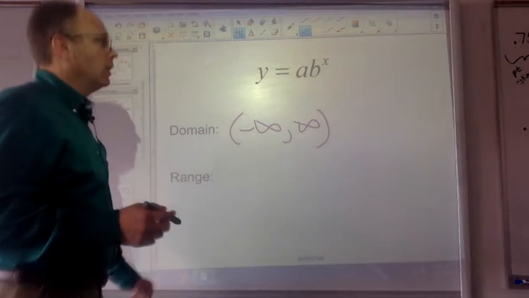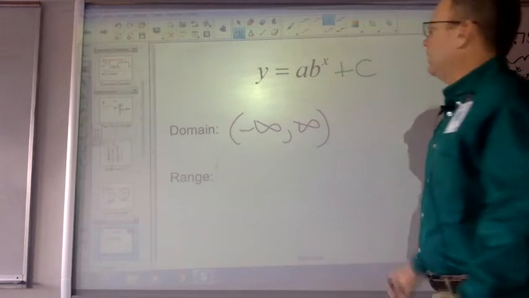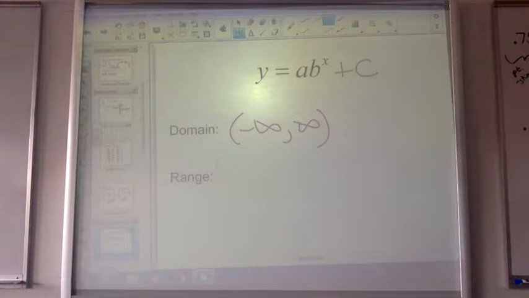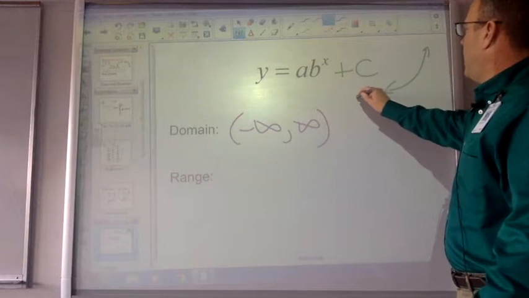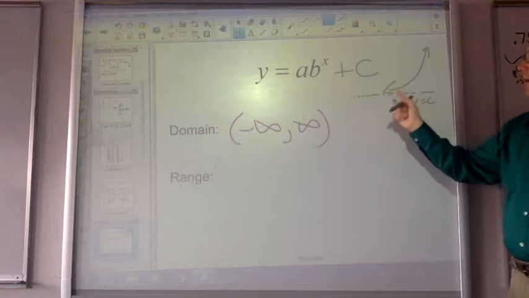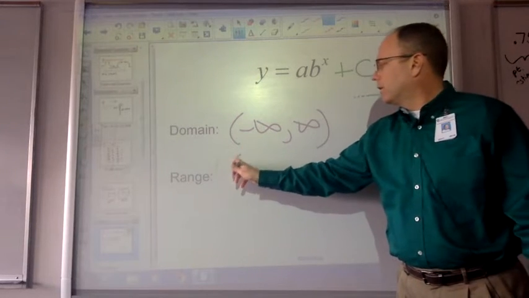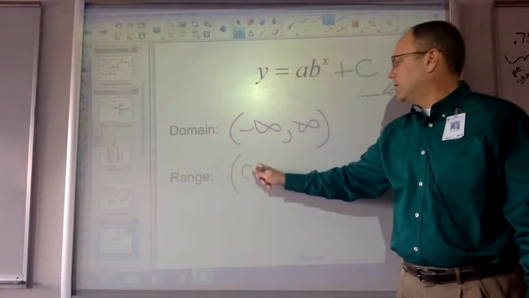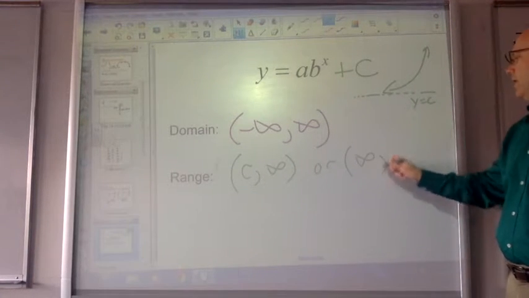Our range, I'm going to add one slight thing to this. I'm going to make it plus C. If we were talking about a graph that looked like this, we have this line here, which is y equals C. That's why I added a C. So our range could start someplace and go to infinity, or it could go from infinity and get to someplace.